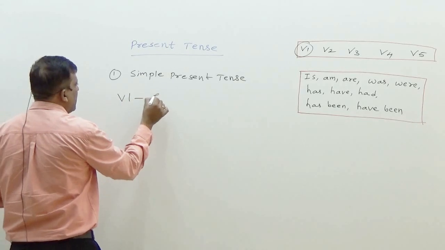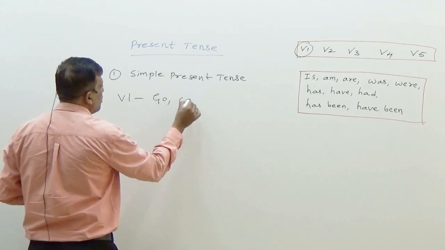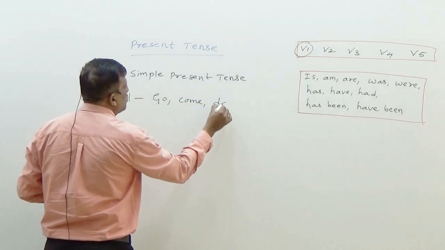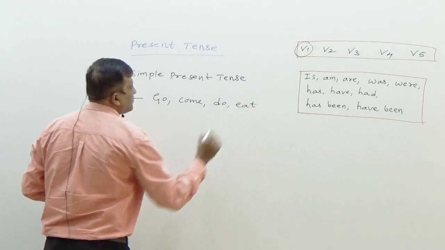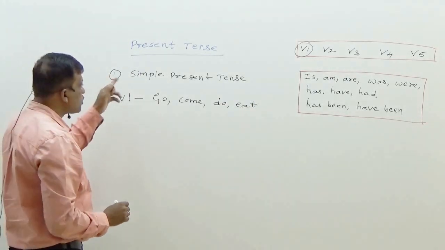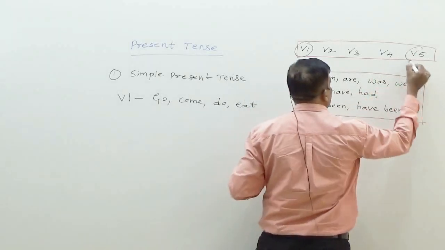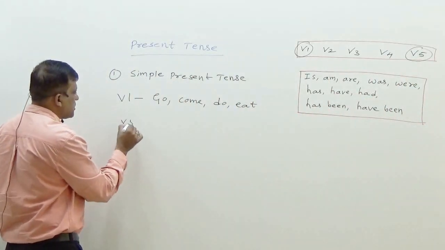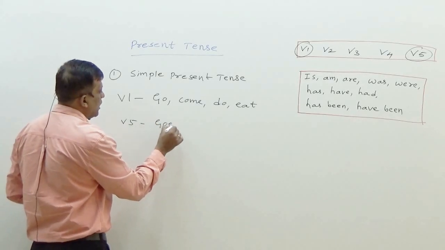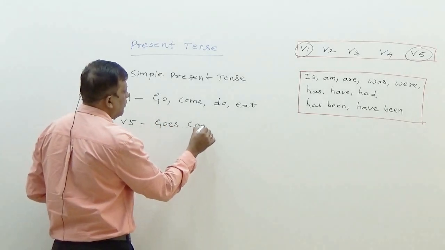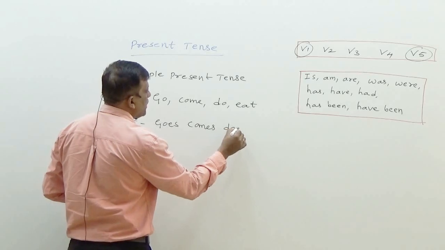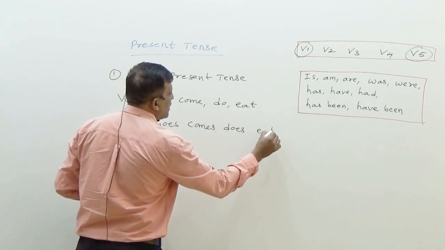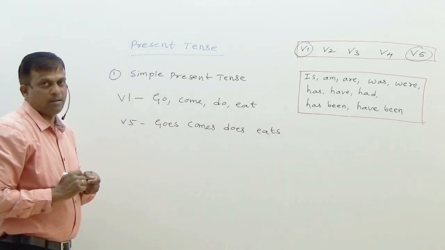V1 is any main verb, maybe like go, come, do, eat. And also we take V5. That is nothing but adding s or es to the same verb, like go. Go becomes goes, come becomes comes, do becomes does, eat becomes eats.